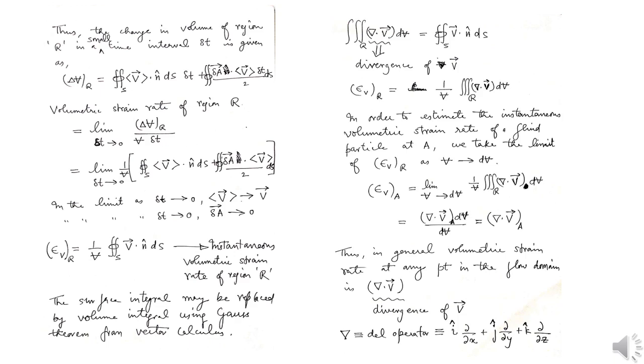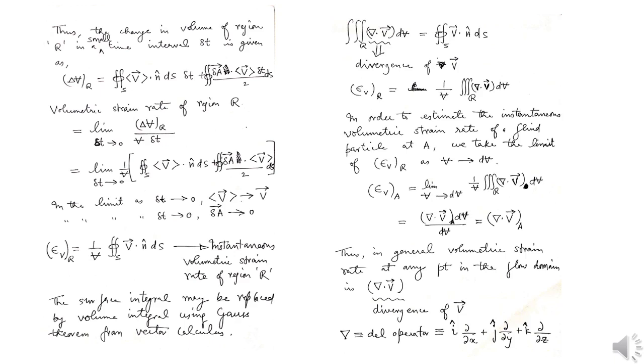And if you were to integrate V dot n over the entire surface of this material region R, then that integral divided by the volume of the region simply gives you the instantaneous volumetric strain rate of region R. So I again repeat, for a region R, the volumetric strain rate comes out as the integral of the normal component of velocity on the surface, integrated over the entire surface of the region R, and divided by the volume of the region.